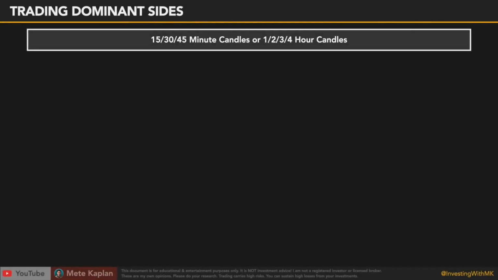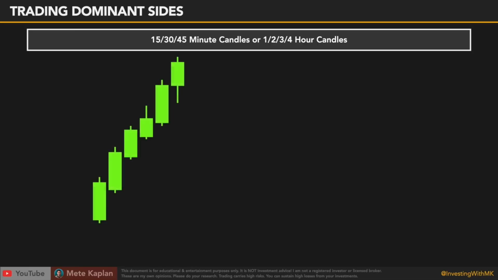As you already know, there is an unending fight between buyers and sellers in the markets. As a trader, your best approach should be joining the dominant party. When you look at the 15, 30 or 45-minute candles, or even higher time frames like 1, 2, 3, 4 hours, you'll notice this kind of price action: constant green candles.